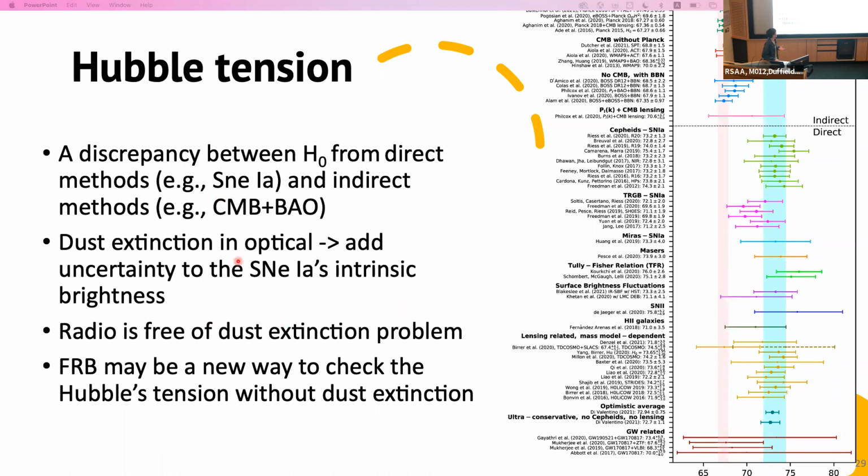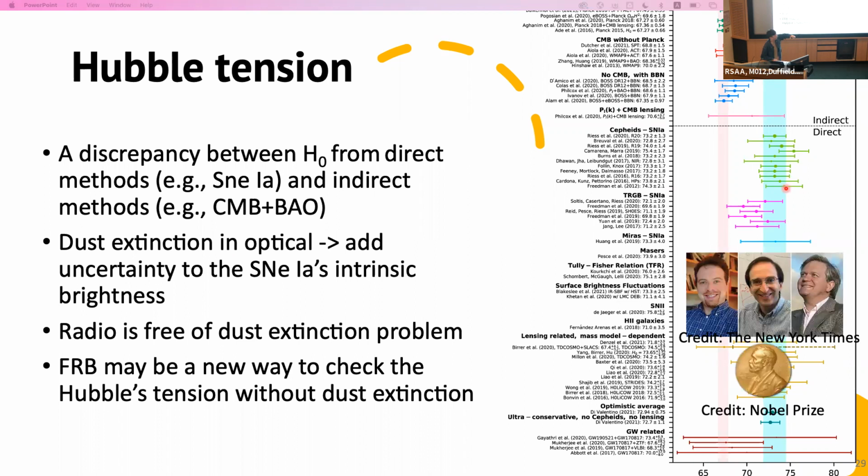And also in optical, so in this diagram here, some of the values are calculated by using type Ia supernovae, which, you know, some gentlemen here, including our Vice Chancellor, got a Nobel Prize for. So they calculated Hubble constants using type Ia supernovae, but type Ia supernovae are observed in optical.